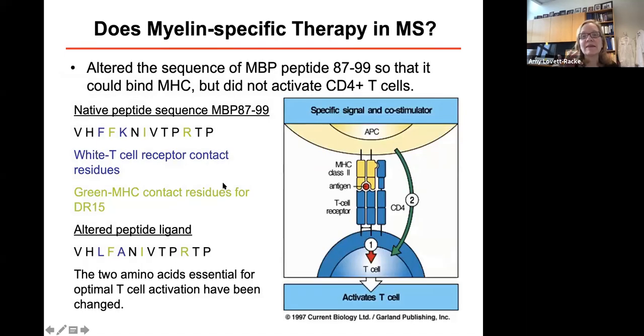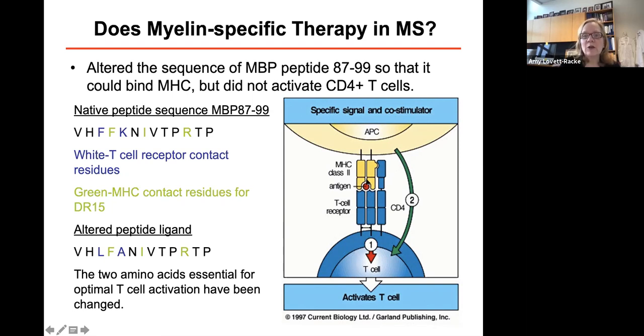Another piece of evidence in MS patients that MS is a true autoimmune disease targeting myelin was a study, again originating in EAE, called altered peptide therapy. In EAE, we have a very good idea of exactly what peptides bind to the MHC to stimulate the T cell receptor to generate these encephalitogenic myelin-specific T cells.